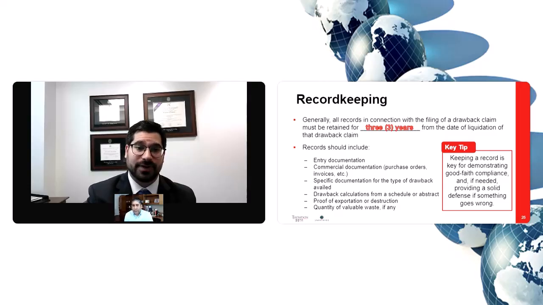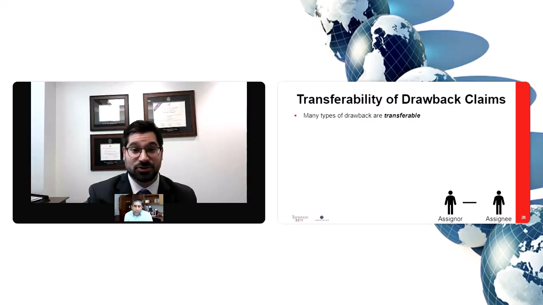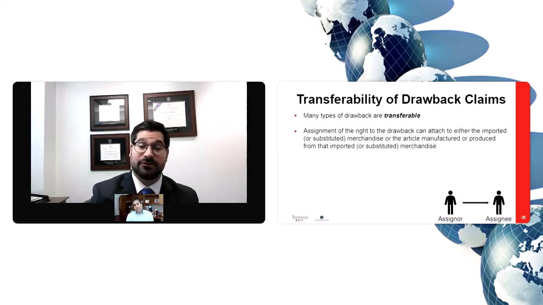Another type of document that you might not necessarily have to retain is if you are transferring your right to drawback, because drawback claims, or at least many types of them, are transferable. Specifically, the assignment of the right to claim drawback can attach either to the imported or substituted merchandise, or the article that has been manufactured or produced from that imported or substituted merchandise.